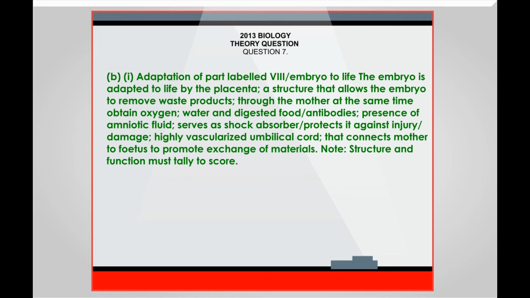Presence of amniotic fluid serves as shock absorber, protects it against injury/damage; a highly vascularized umbilical cord connects mother to fetus to promote exchange of materials. Note, structure and function must tally to score.